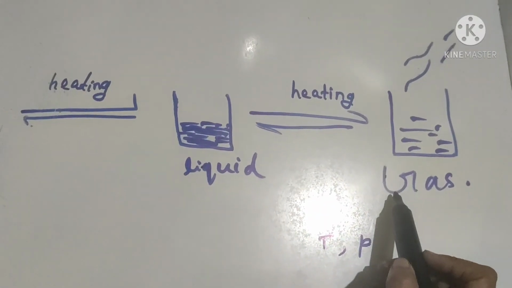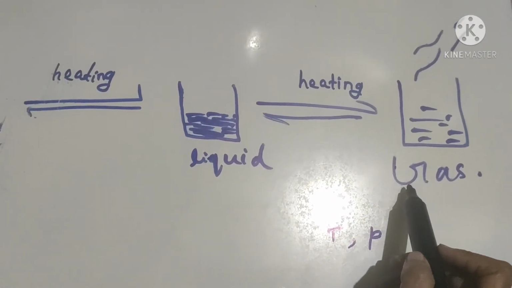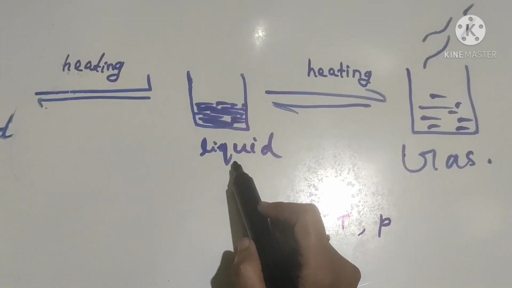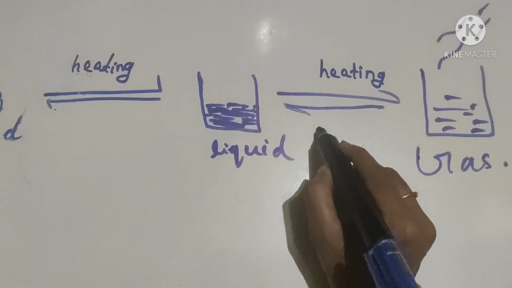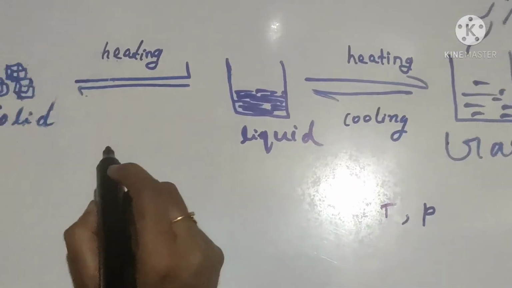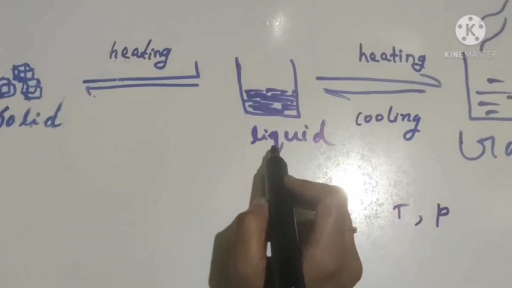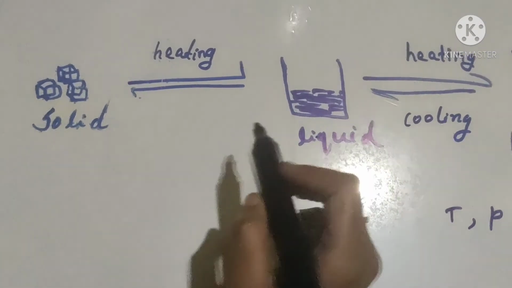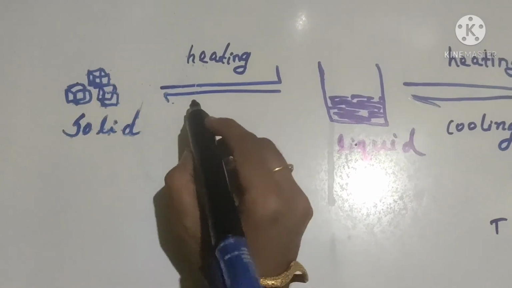And in the reverse process, gas on cooling liquefies to give liquid. And when liquid is further cooled, it freezes to form solids.